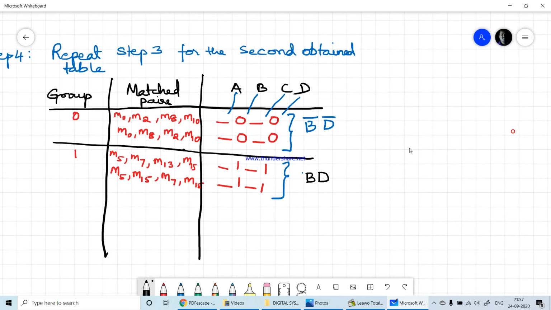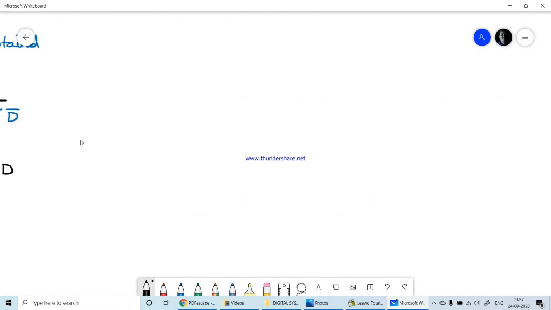Now, the last step, step 5. We need to form a table with these essential prime implicants. So for that, I'll write essential prime implicants.